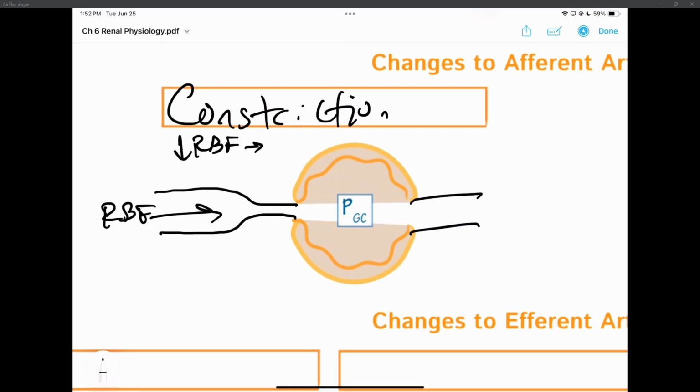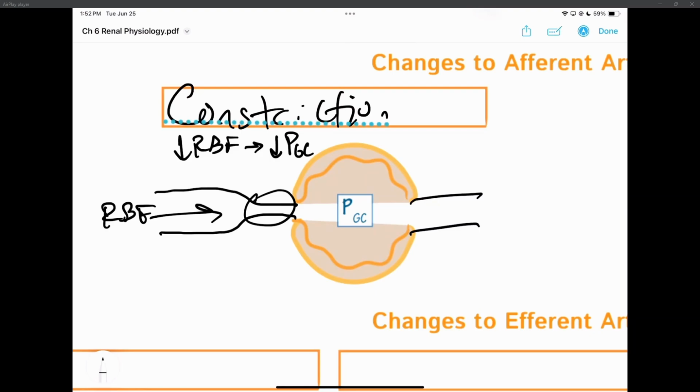Who says increase? Raise your hand. Who says decrease? It decreases it. It can't get through. We have a constriction, so it's going to decrease the hydrostatic pressure in the glomerular capillary. Less blood is getting in there, less hydrostatic pressure.